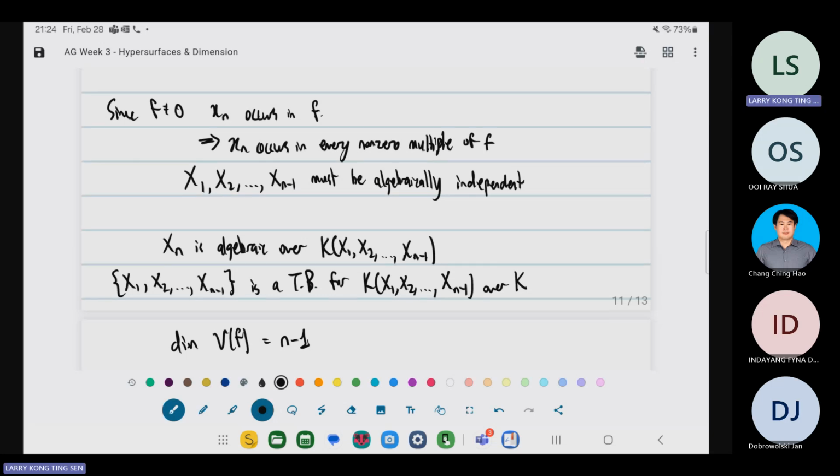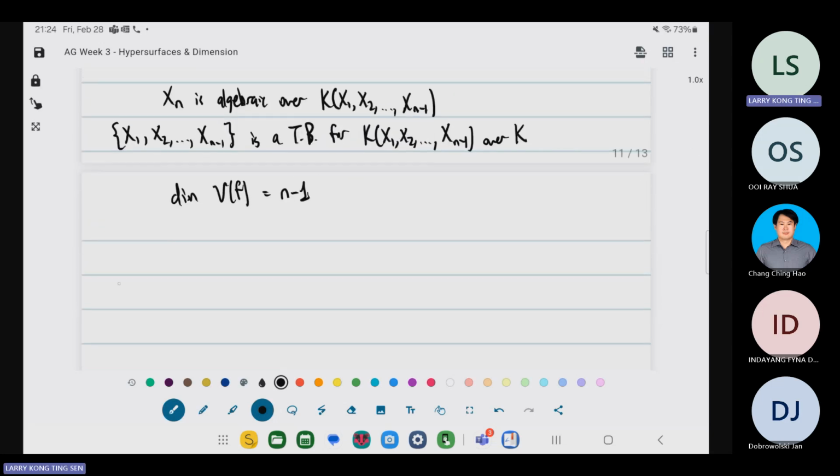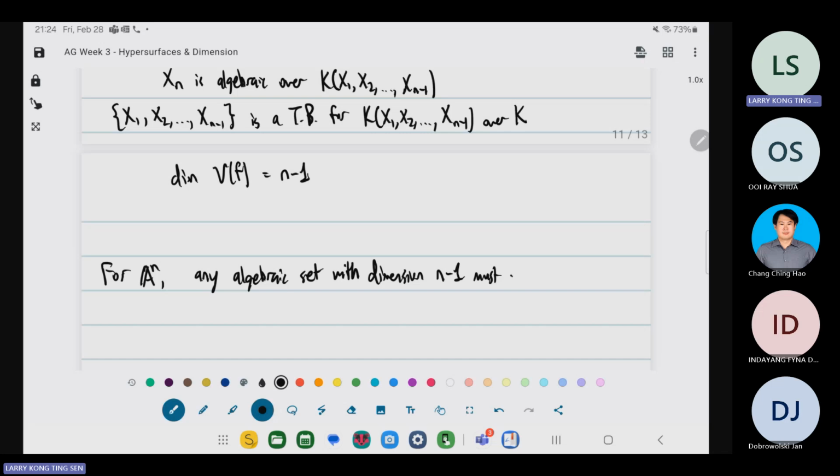But we can in fact show something more. At least for An, it turns out that any variety, any algebraic set actually, of dimension n minus 1 must be a hypersurface. So how do we see this?